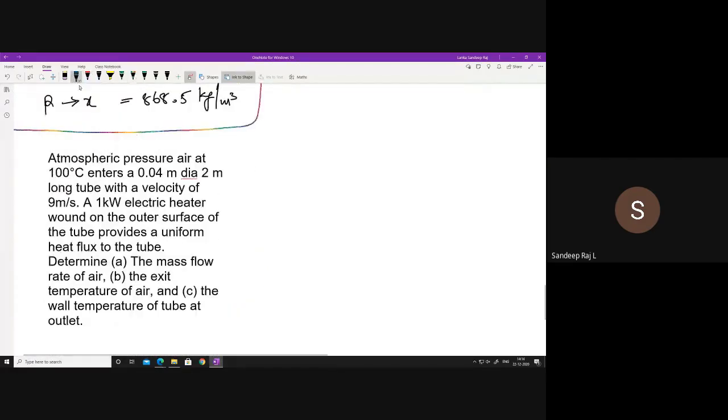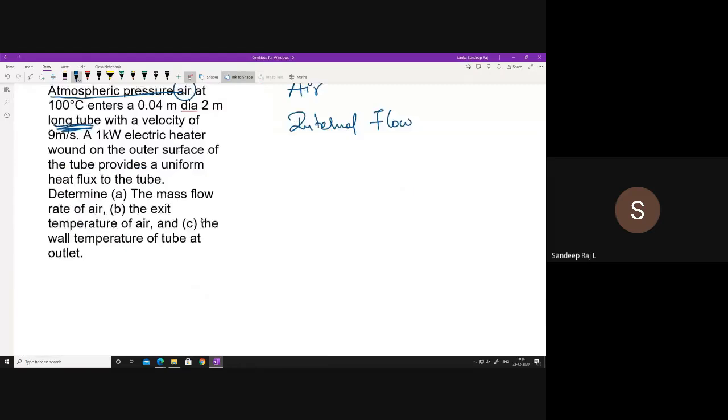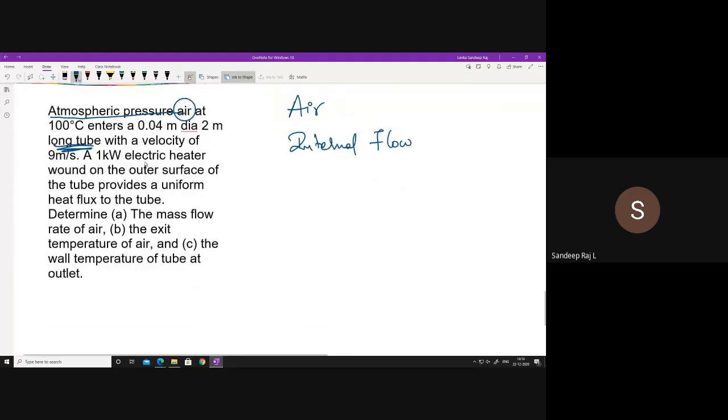Here we have atmospheric pressure, air. The first thing is air here. Next thing is it is entering a tube. It is a tube, so it is an internal flow problem that we will see. Let's write what is given in the problem.